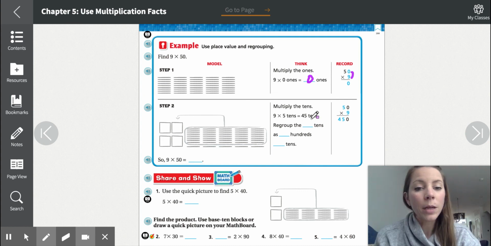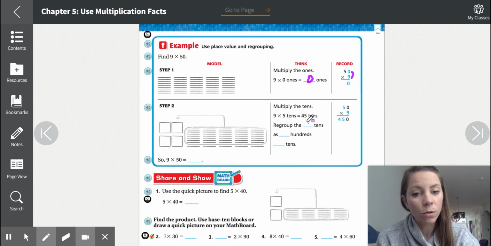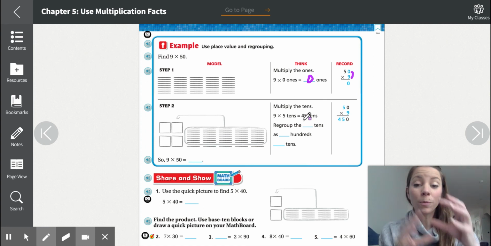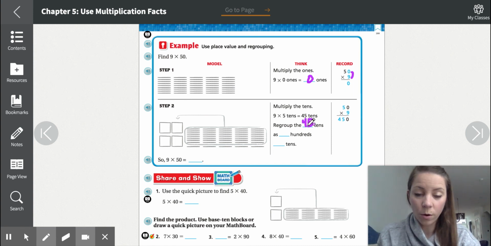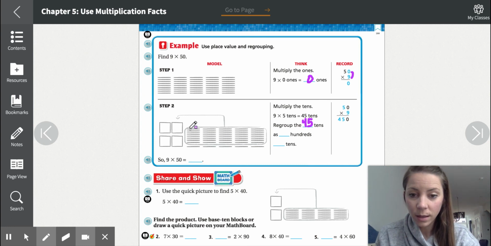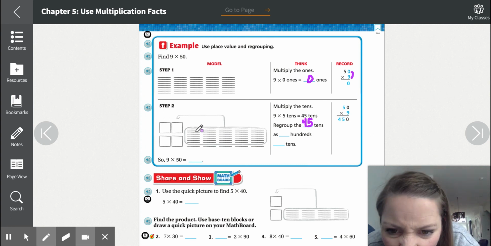Now, how many tens go in and make hundreds? Remember, I can get out groups of 10 of them. Okay, so let's fill this in first. I have to regroup the 45 tens as, let's see, how many do they have here? 1, 2, 3, 4.